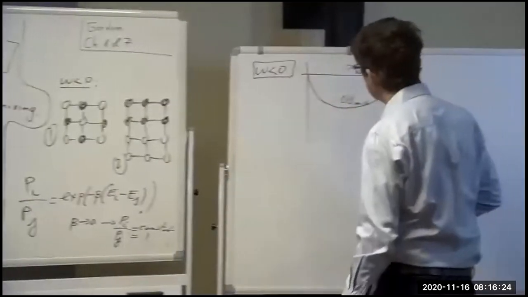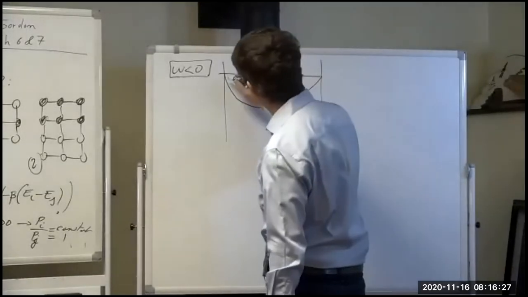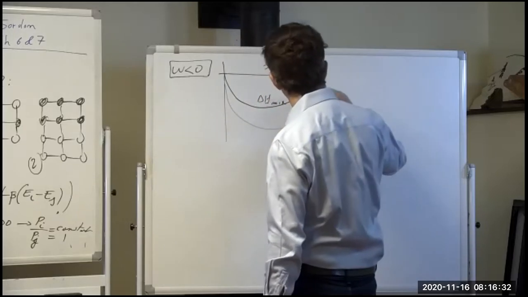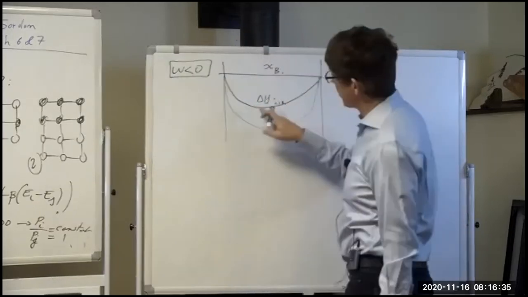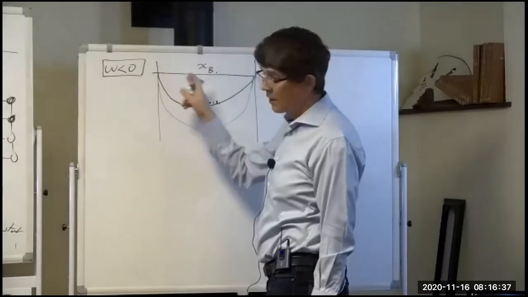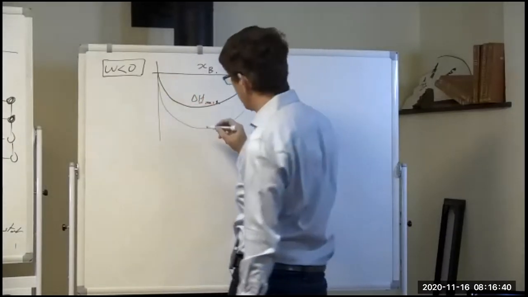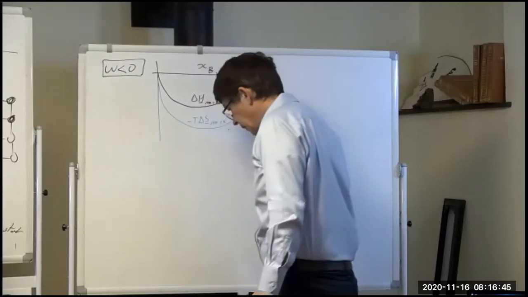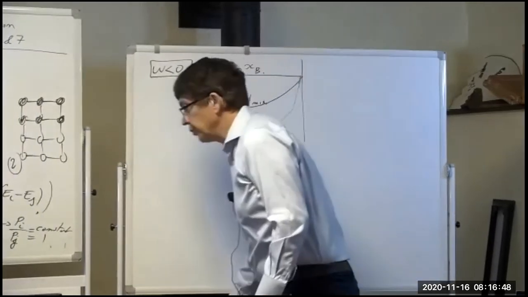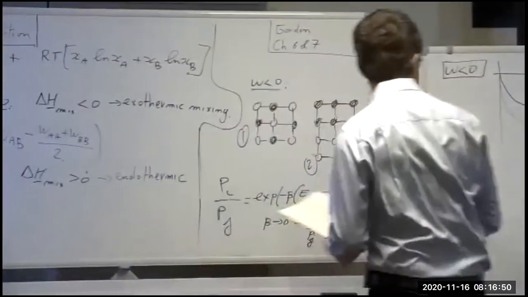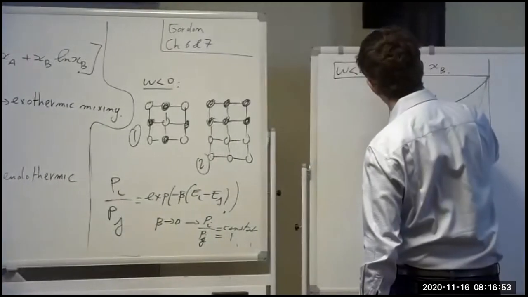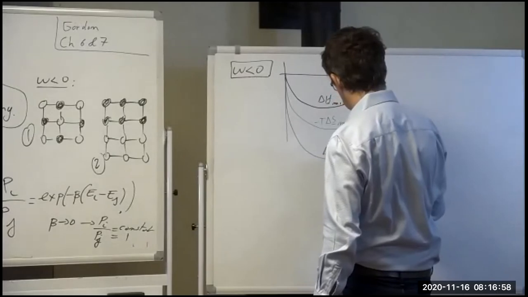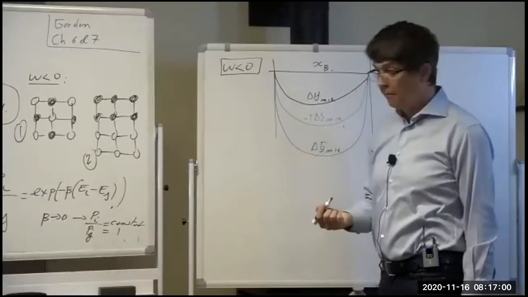The minus T delta S term is always negative, but remember that one looks different because it has these infinite slopes. It's sort of hard to see on a graph, but enthalpy does not have any infinite slopes. There's no reason for it to have it, but the minus T delta S term does. And then of course, the sum of the two is the free energy of mixing.